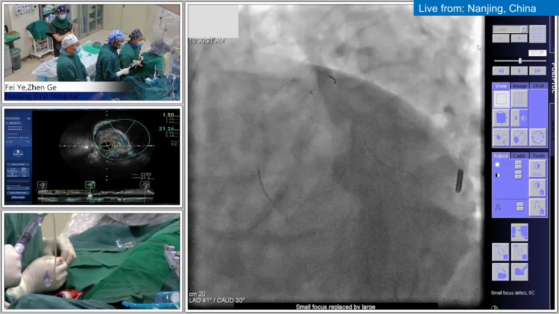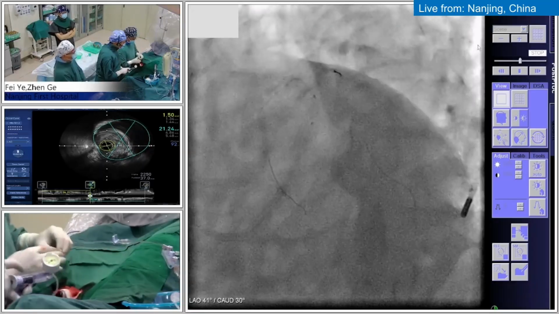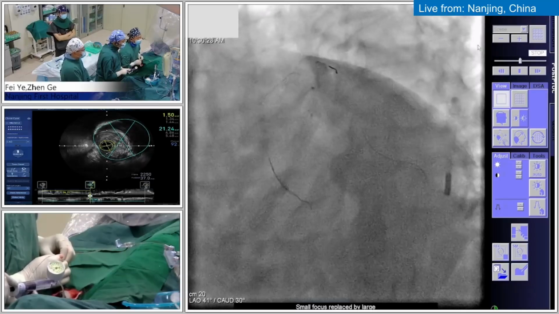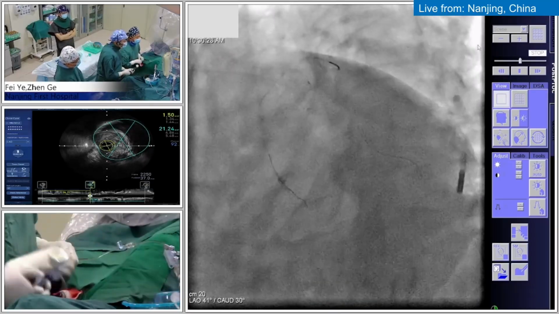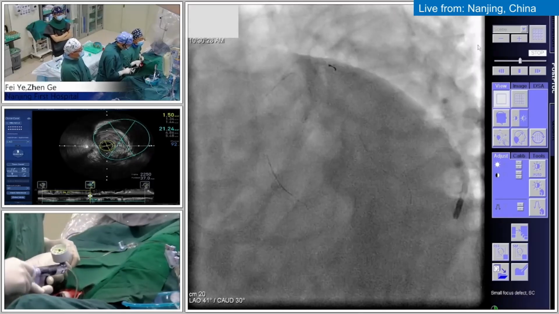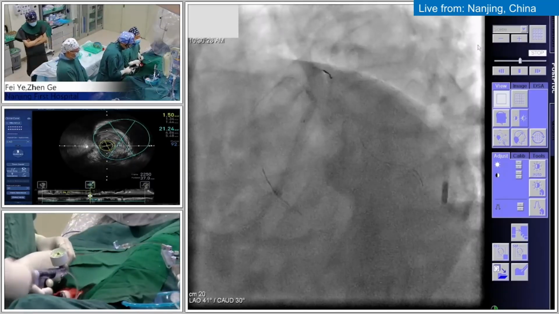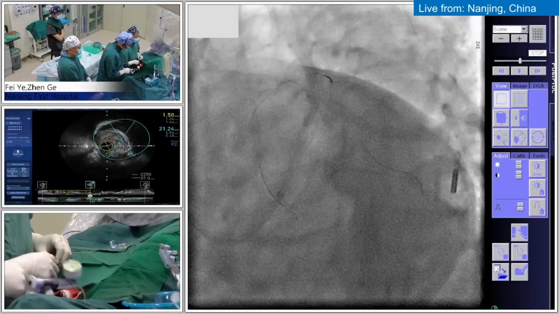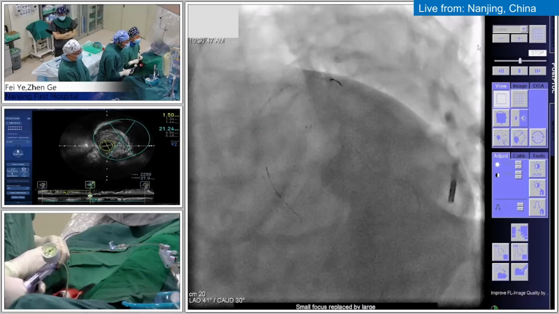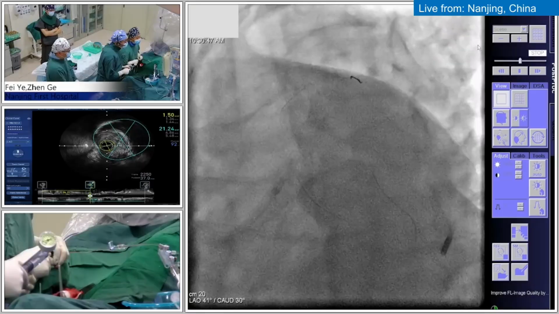So probably for the LAD and circumflex, based on the definition criteria, because the circumflex ostium is normal, I think it's a simple bifurcation. Yes, simple trifurcation. So based on the definition of bifurcation lesion from the EBC, this is also a simple trifurcation lesion with a Medina 1,1,0,0.